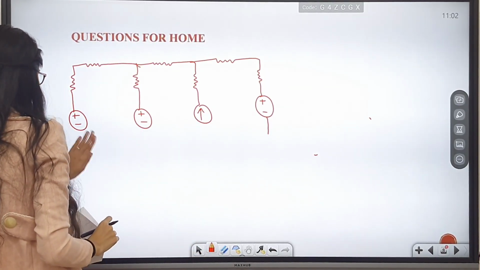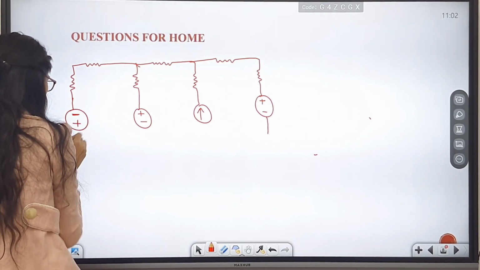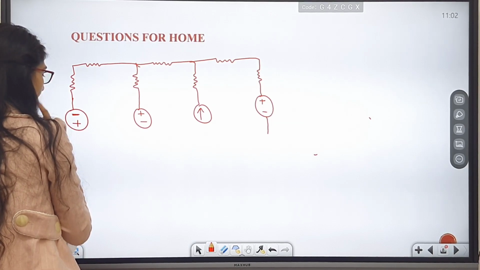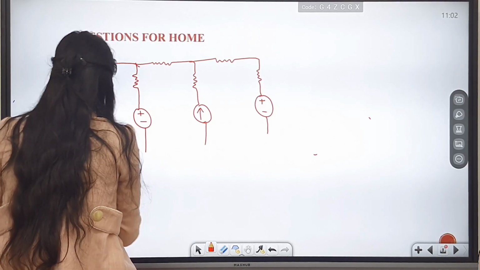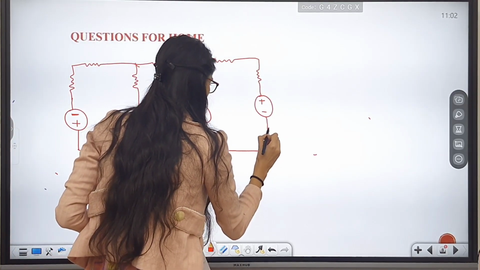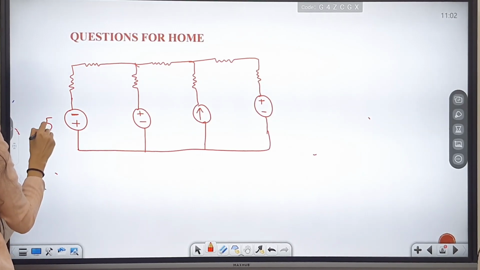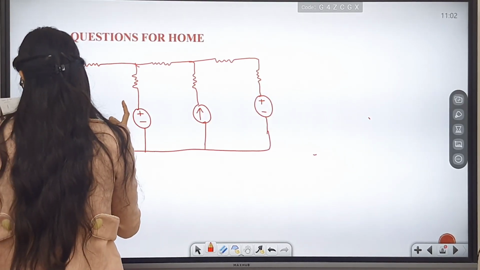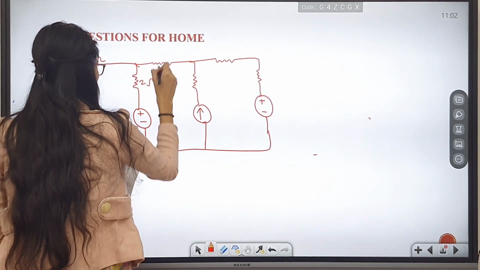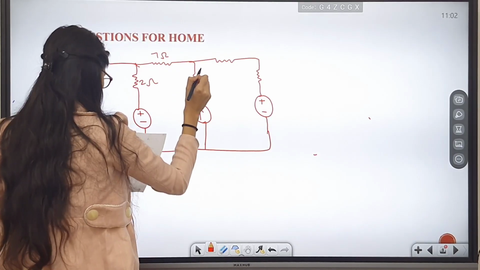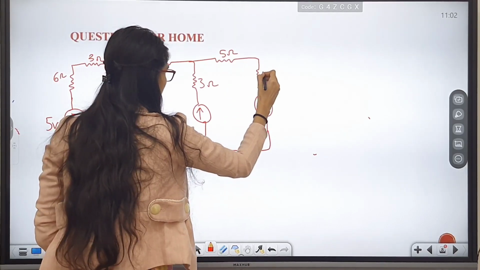Let us make it a little, here it is minus plus. And we will give it 5 volt, another thing, 6 ohm, 3 ohm, 2 ohm, 7 ohm, 3 ohm, 5 and 1.